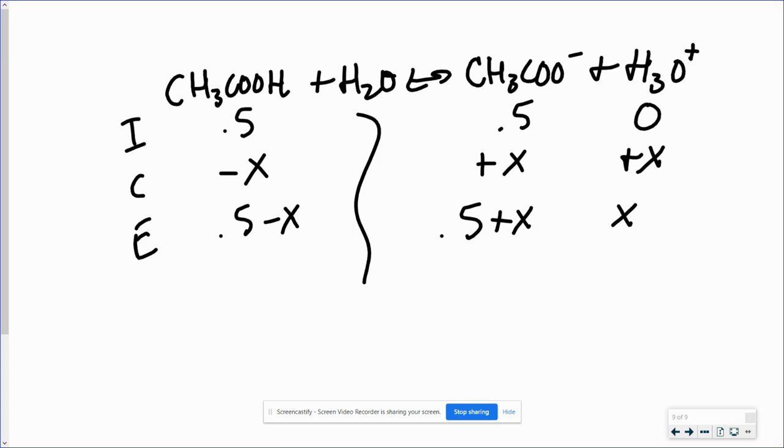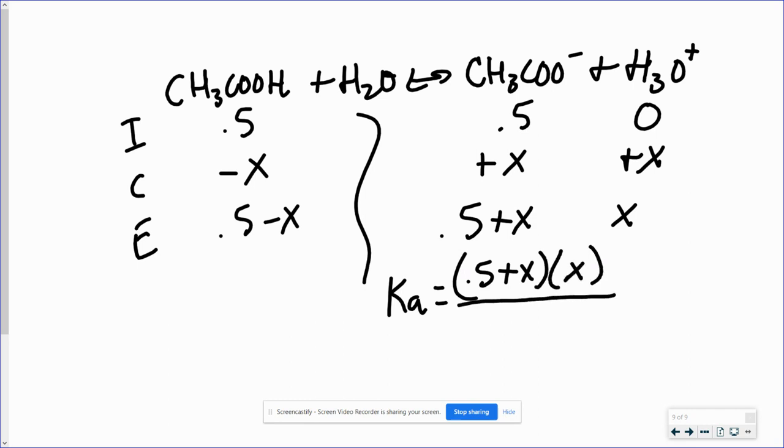So in our Ka expression, we would have had 0.5 plus X times X over 0.5 minus X, and the Ka is 1.8 times 10 to the minus fifth.